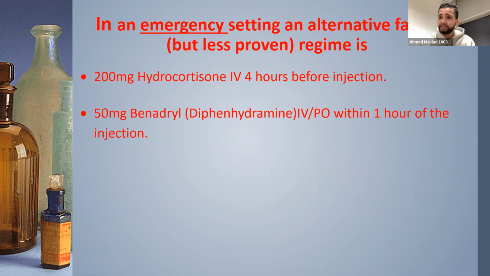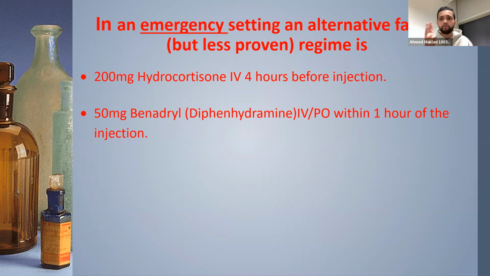Now, in emergency settings, as an alternative option that is faster, because you can't wait for 12 hours to give 1 dose of steroid and then another dose later, you can't wait. So what you can do is 200 milligrams of hydrocortisone IV, not PO. The other 2 are PO.